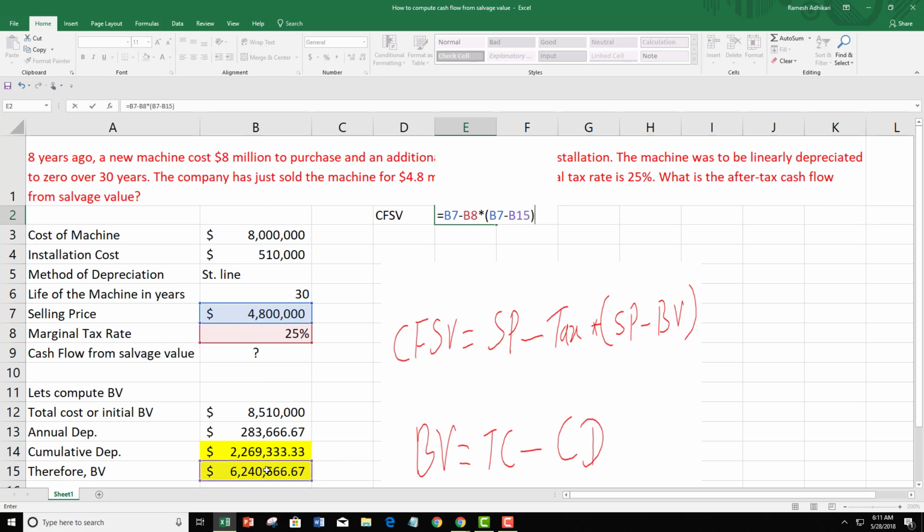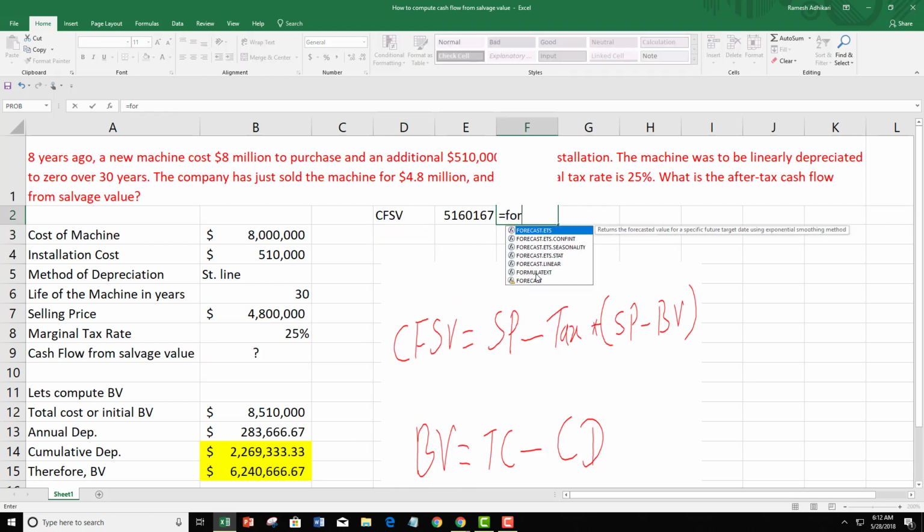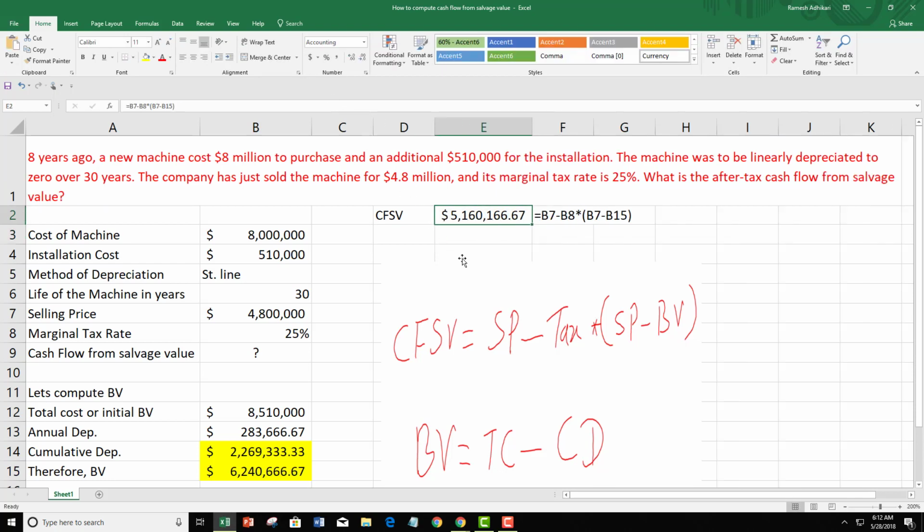By doing this, you can compute the cash flow from salvage, and I can show you the formula text right here, and I can also put that in a dollar sign, and that is the cash flow from salvage value. I hope it makes sense.